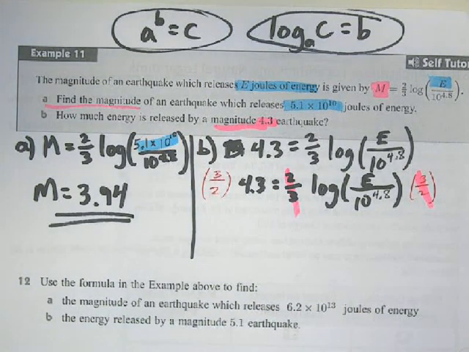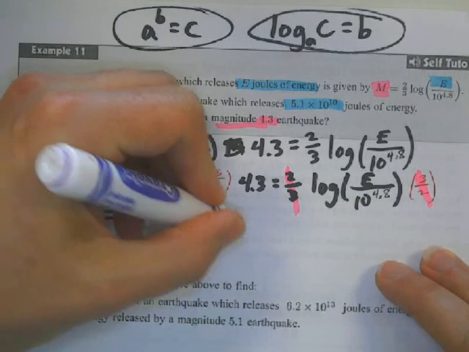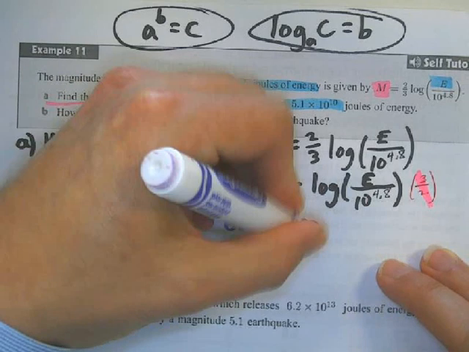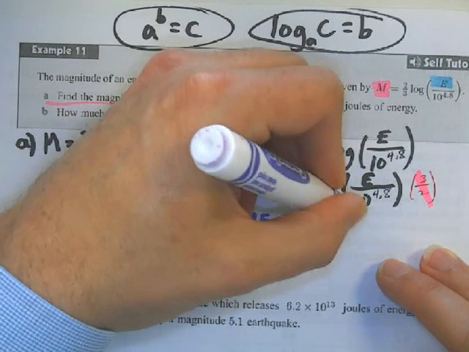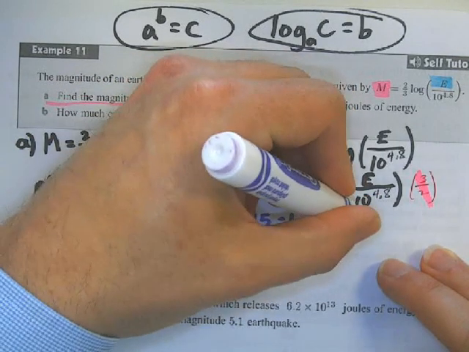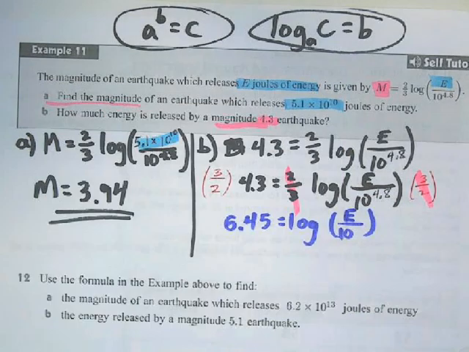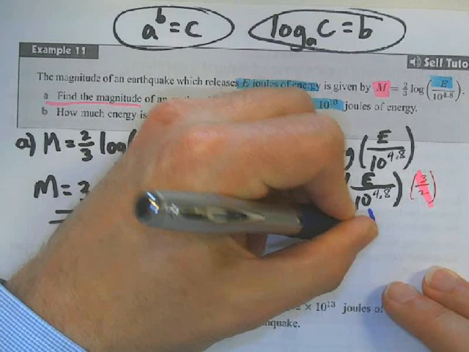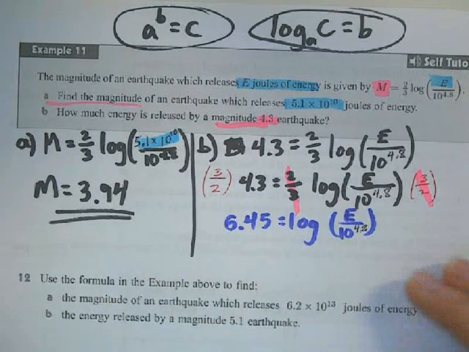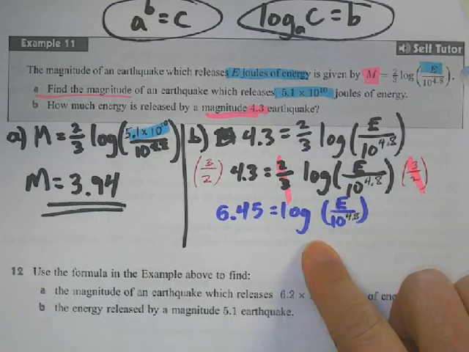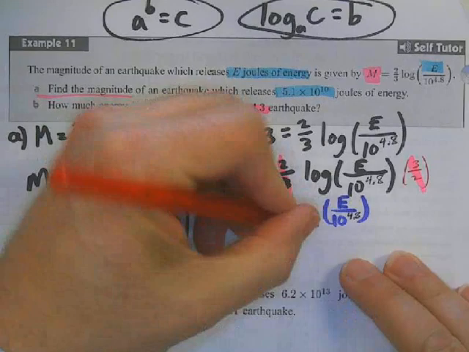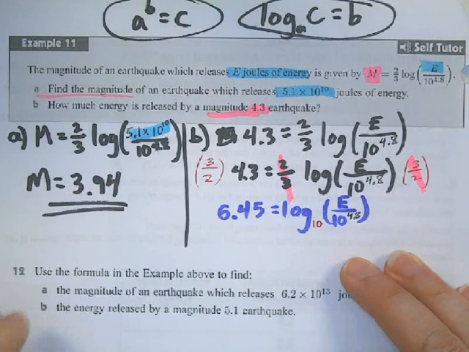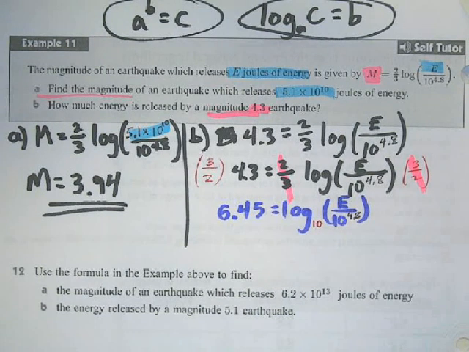So now I've got 6.45 equals log of E over 10 to the power of 4.8. Notice there's no base written here, so by default that means it's 10. Now I'm going to rewrite this in exponential form.